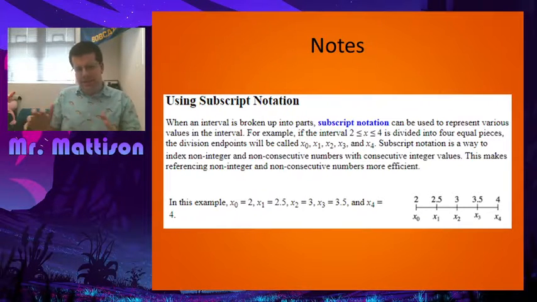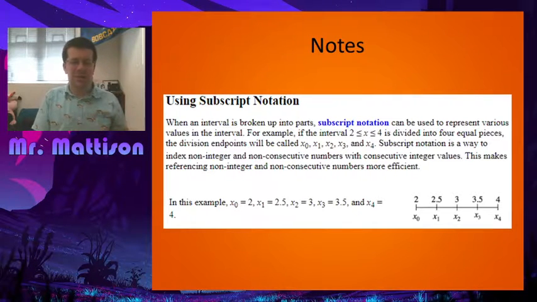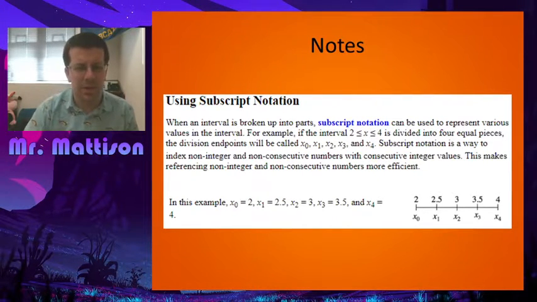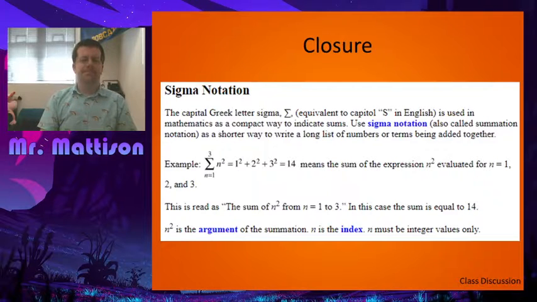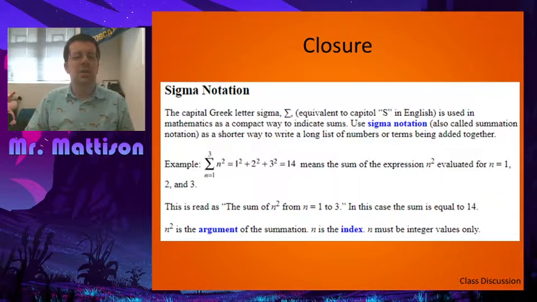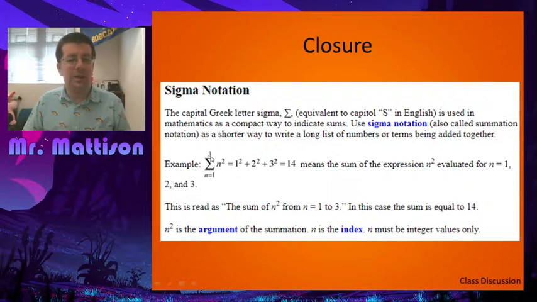So that's what we're going to try and transition to from what we just used today, like this is the 0th term, the first term, the second term. It's x sub 0, x sub 1, x sub 2, and so forth. All right. So just again, going over this notation, we have the big sigma, we have the starting point on the bottom, we have the ending point, and then we have the pattern.